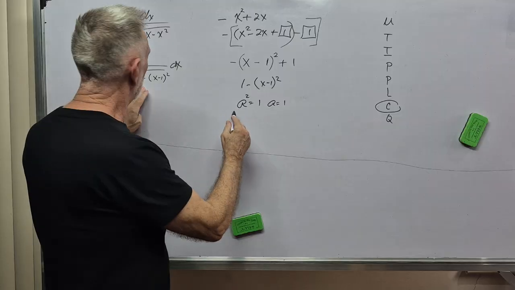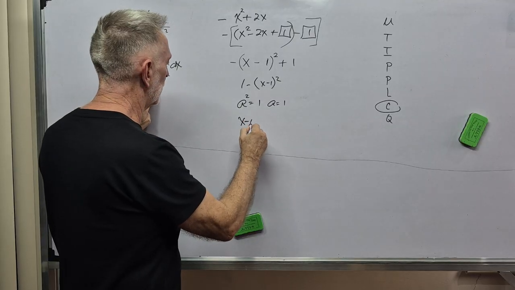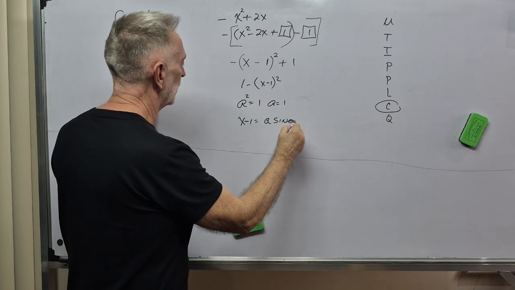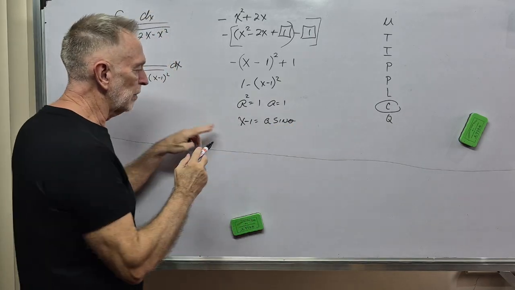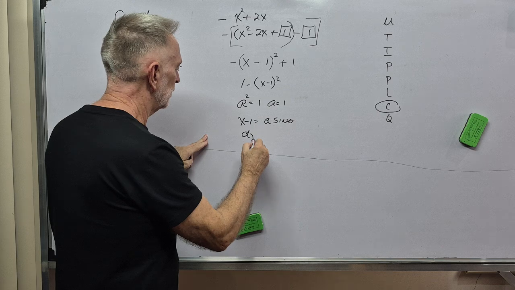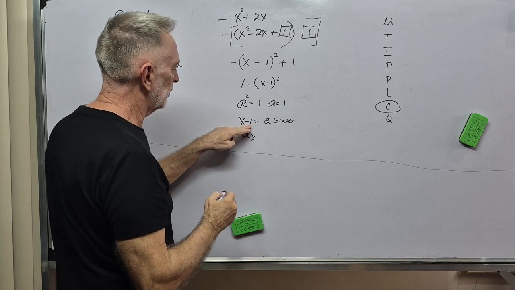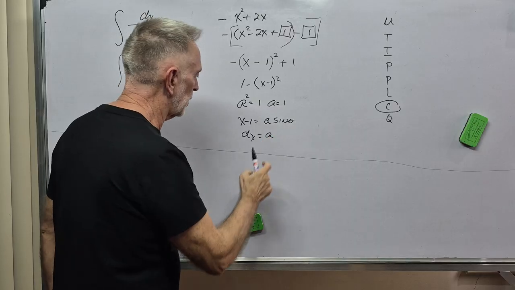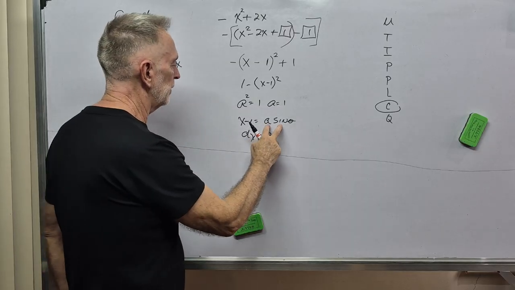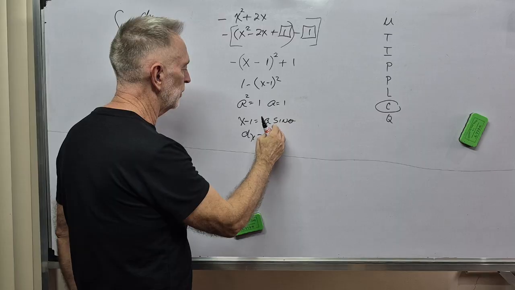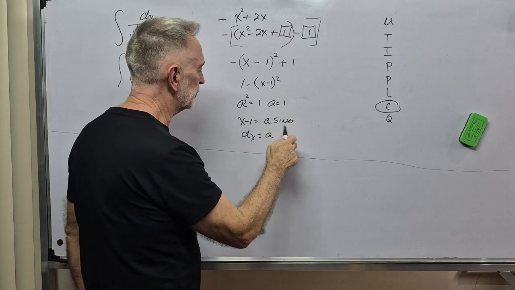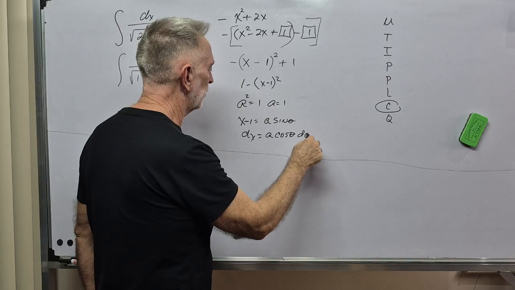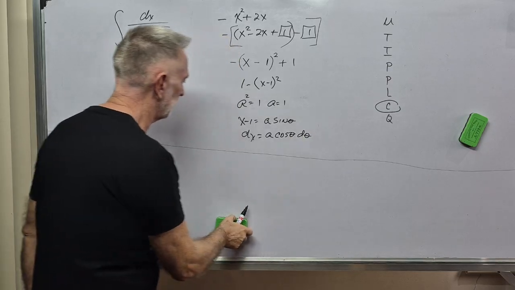All right, so x minus 1, we're going to let that be a sine theta. If I take the derivative of both sides, the derivative of x is dx, the derivative of 1 is 0, so dx equals, by the constant multiple rule, a times the derivative of sine, which is cosine theta, and then the derivative of theta is d theta.